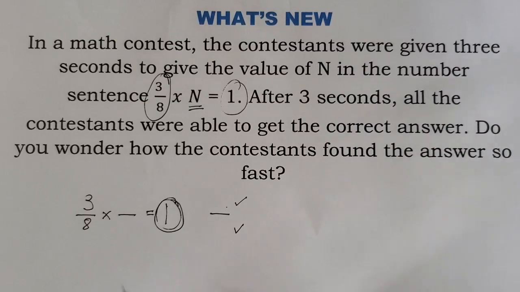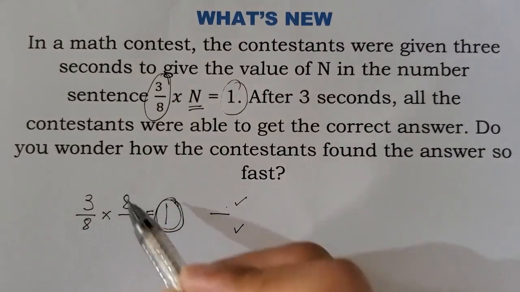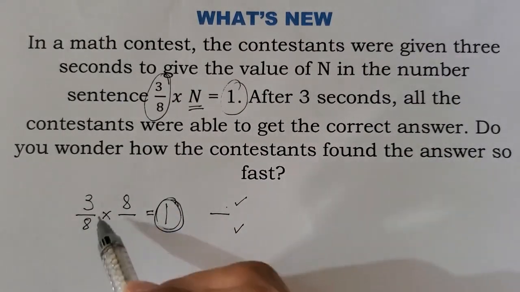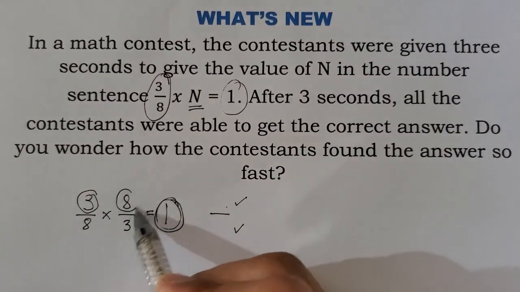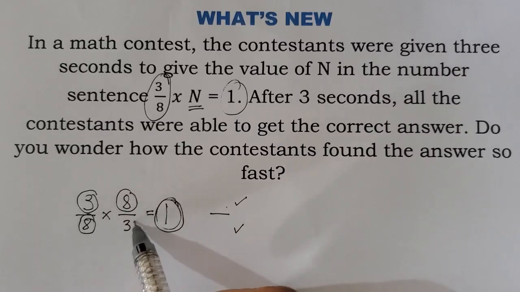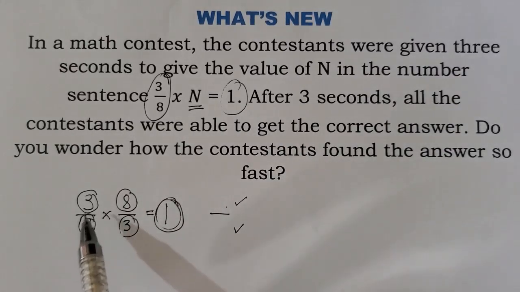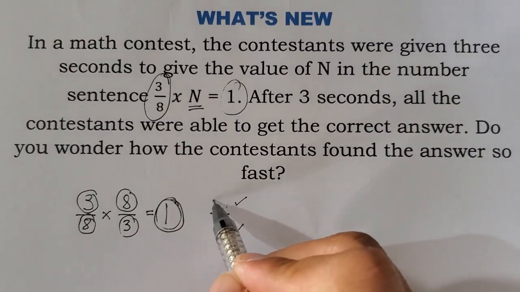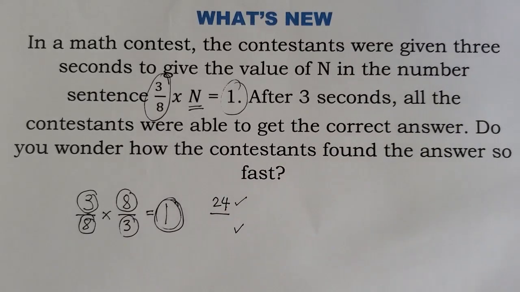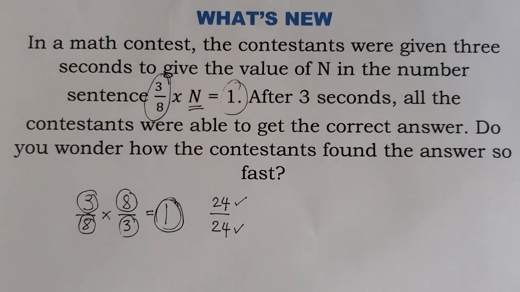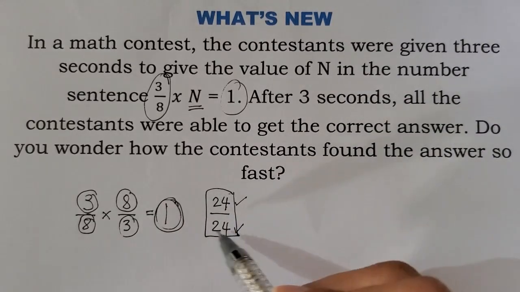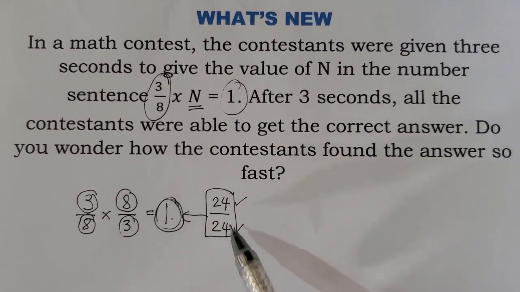Let's try to multiply the numerator by 8 and the denominator by 3, because we know that 8 times 3 is also equal to 3 times 8. So 3 times 8 is equal to 24, and of course, 8 times 3 is also equal to 24. Therefore, this fraction is equal to 1 because the numerator and denominator are the same.